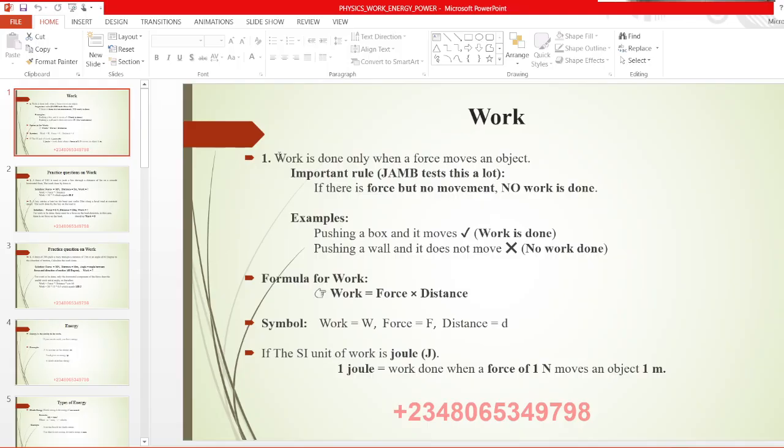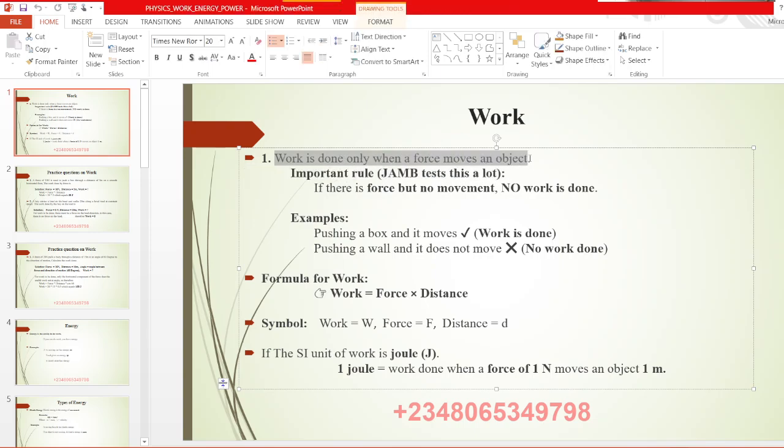Work is simply defined as the ability of a force to move an object. So when you move an object in a direction with a certain level of force, you are doing work. That's the simplest definition for work.